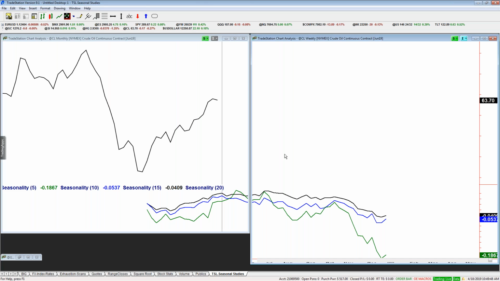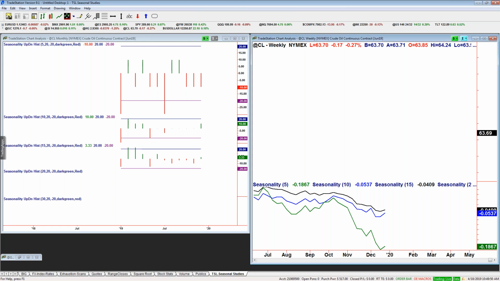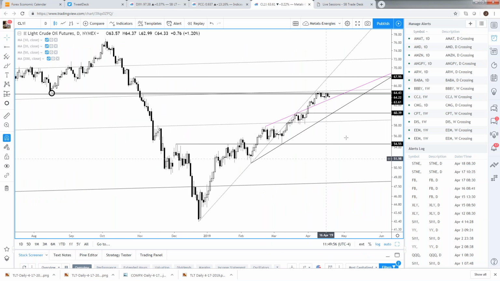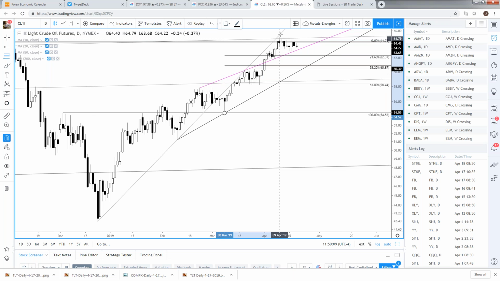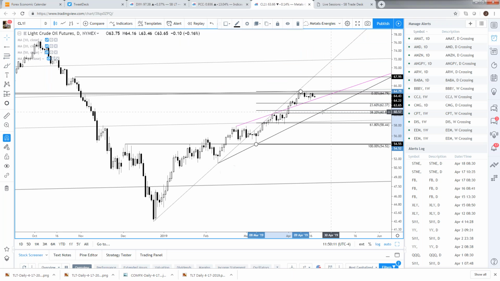Gun to my head, what I think is that you get a deeper pullback, and then I do think you go for another run. I say it just from the look of this chart. If you go from here and get a 38.2 on that, your 38.2 is going to be 60.87, pretty much where we were talking about support anyway, which was 60.40.